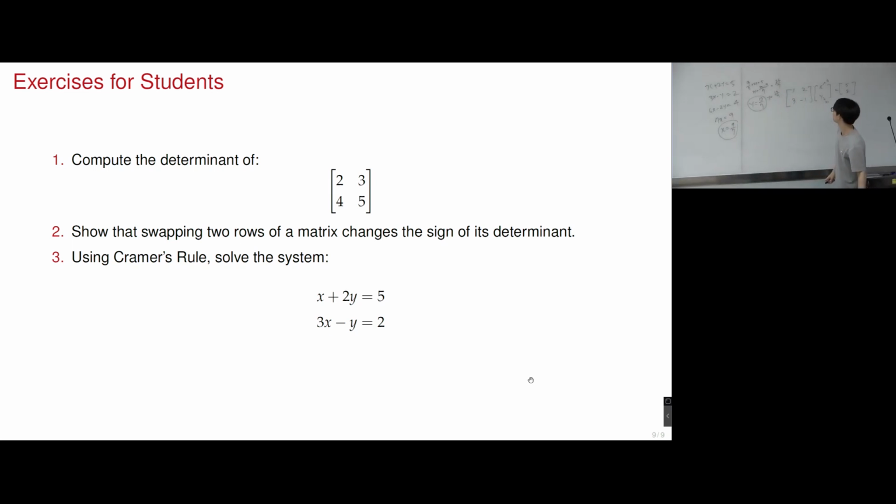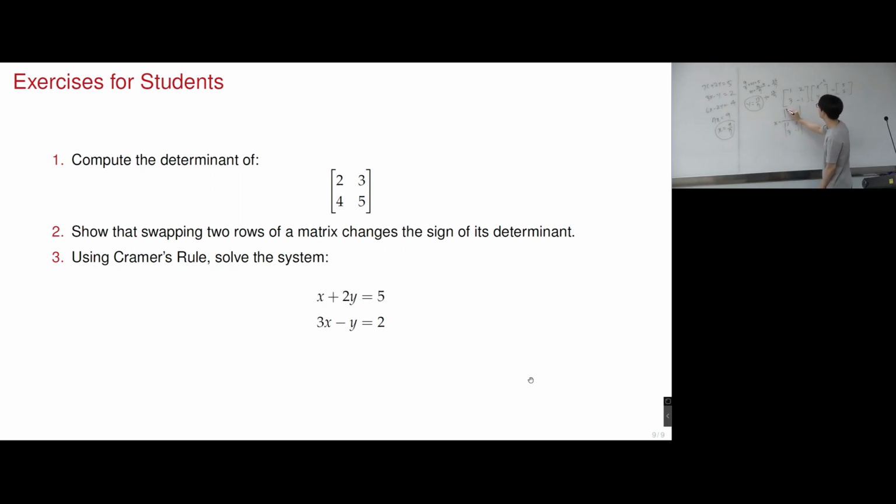Okay, let's go. We'll solve this using Cramer's rule for x. So x has to be a division of determinants. For the bottom part, you just take the determinant of the matrix here. And the upper part is all the same, but the first column is changed to 5, 2.